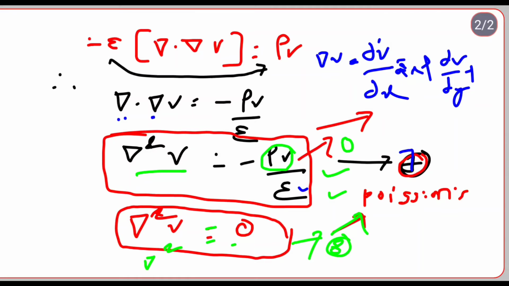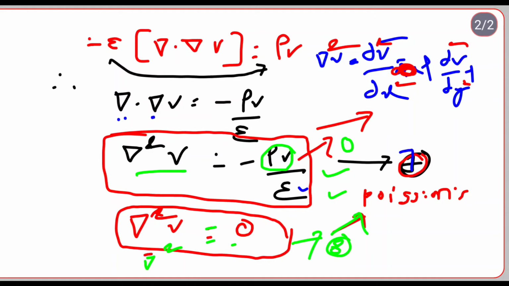Del square V equals dou square V by dou x square, where ax dot ax is 1, so we can neglect it. So del square V equals dou square V by dou x square plus dou square V by dou y square plus dou square V by dou z square, that equals 0. That is known as Laplace's equation.